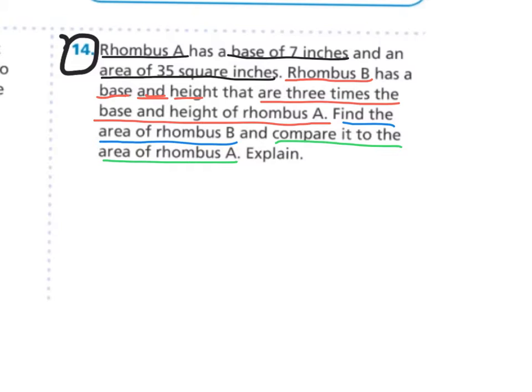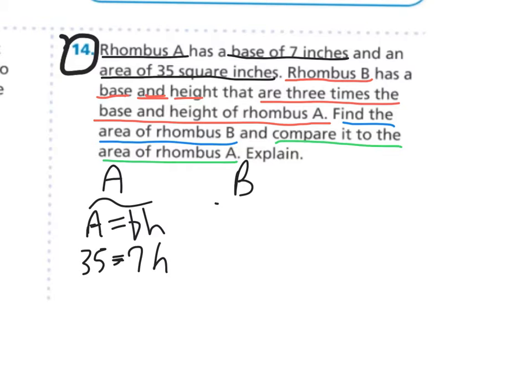So I'm just going to start with some formulas here. So if we look at rhombus A, not A for our area here, but rhombus A, we have a base of 7 inches. We have an area of 35. So in other words, we don't know what the height is of that. I'm going to continue on here before I go to finding the height.